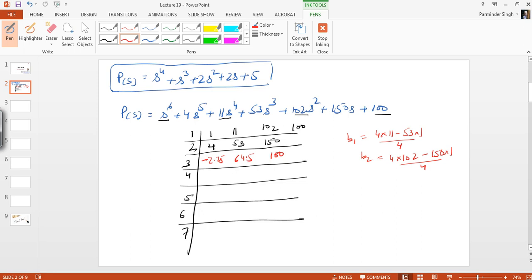Then for the next row, c1 is again this into this minus this into this, divided by this. So what does c1 become? Over here c1 comes out to be 167.67. c2 is minus 2.25 into 150 minus 4 into 100, divided by minus 2.25.